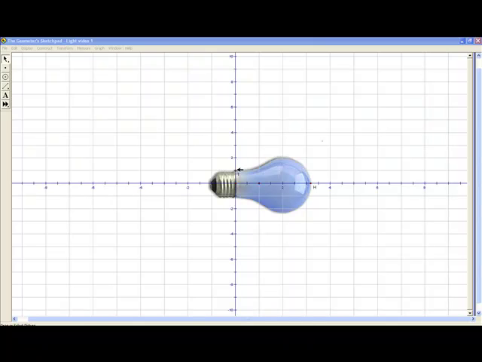I am noticing this portion looks like it may be parabolic in nature, so my first step is to find a parabola that matches that portion, and then I will deal with the remaining part of the light bulb. The first thing I'm going to do is create some segments, and I'm choosing to do 3.